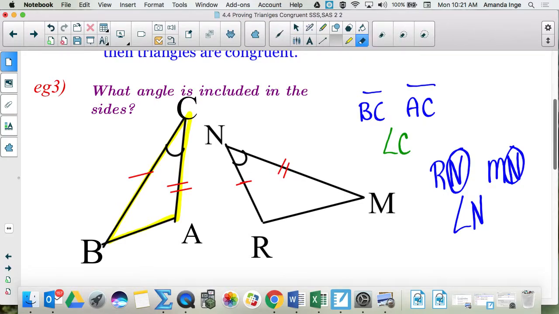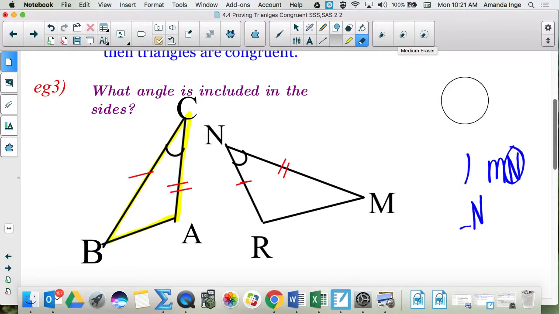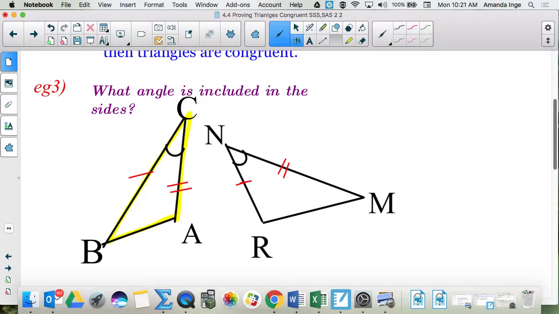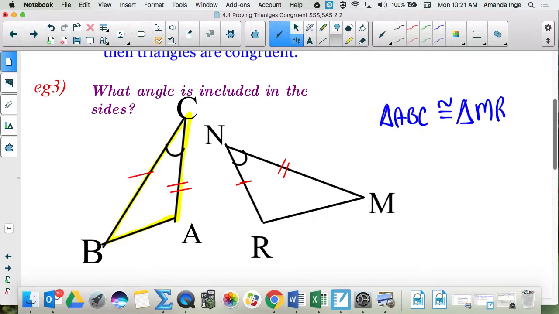So because of this, we can say triangle ABC is congruent to triangle. Well, I started with A, and I went to B, so I'm going to start with M and go to R and then N.